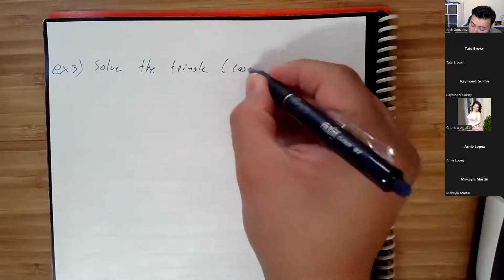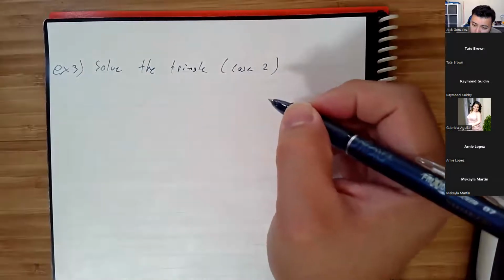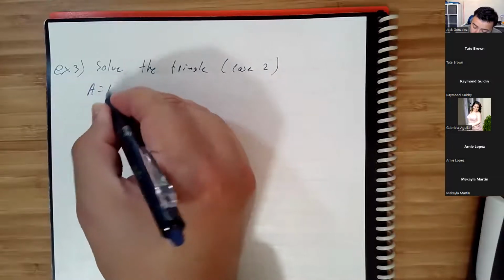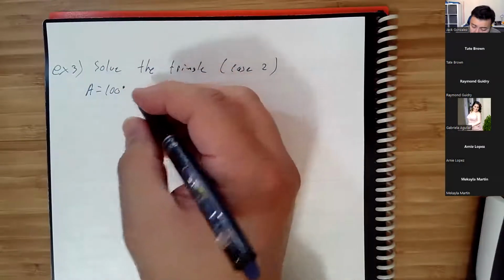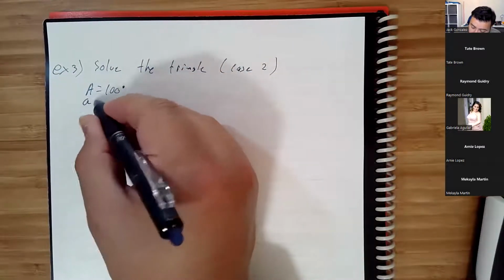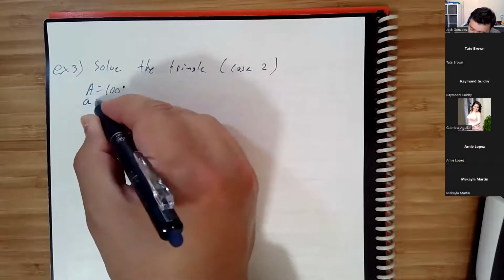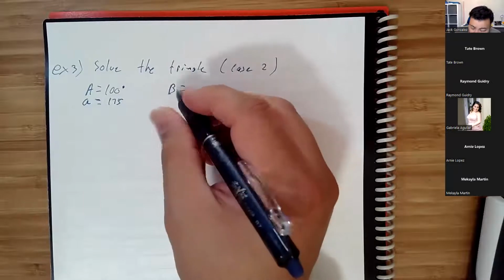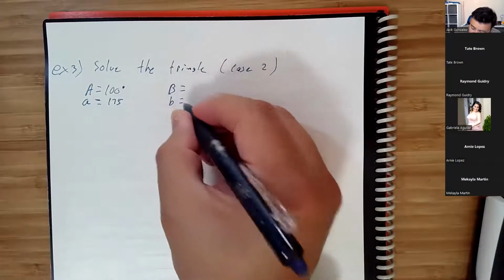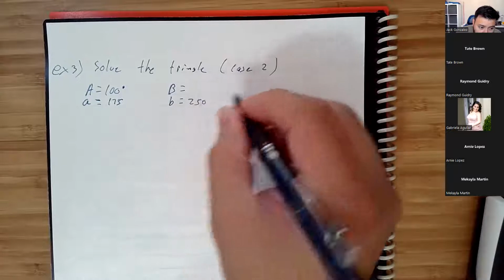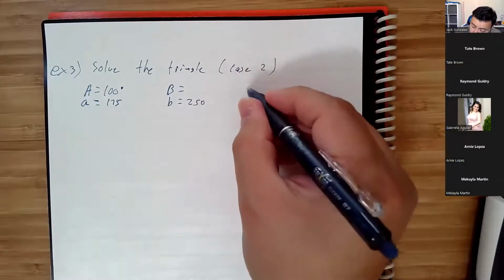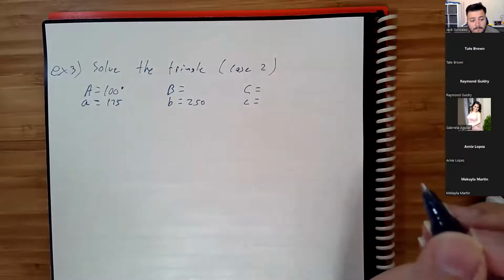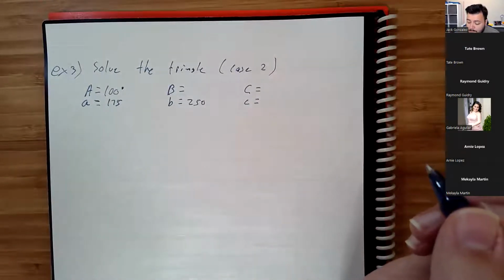This is case 2. A is 100 degrees. Little a is 175. Capital B, little b is 250. Capital C and little c are not given. This is all we are given.